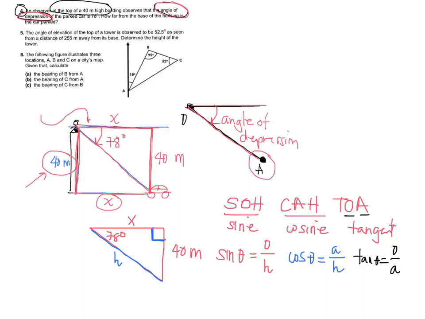Now, going back to the triangle, always look at your angle. This is the angle 78. With respect to this angle, this side 40 is the opposite side, and this side x is the adjacent side.